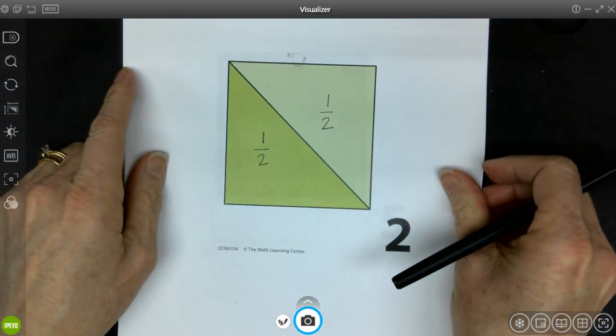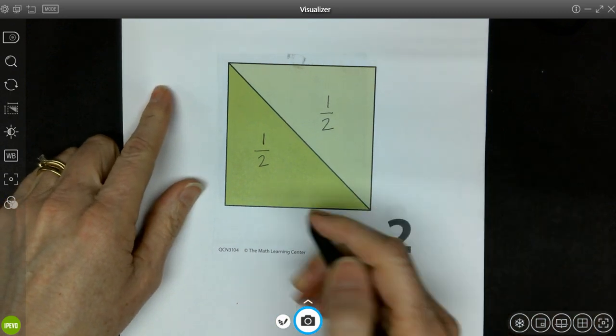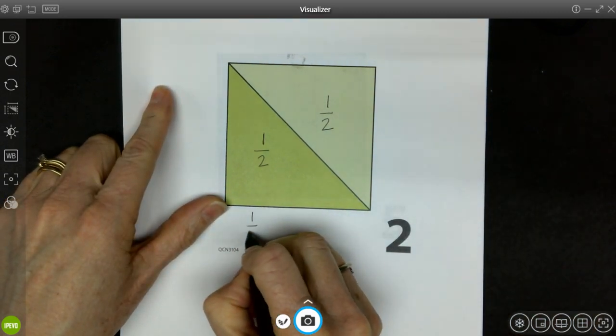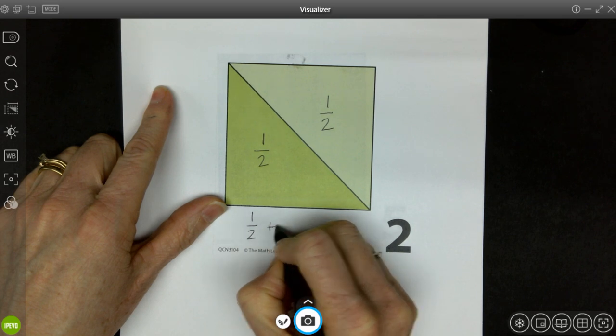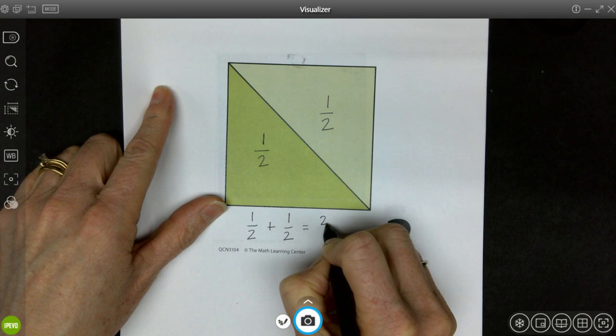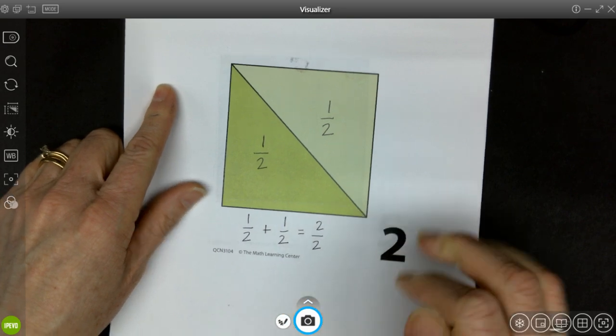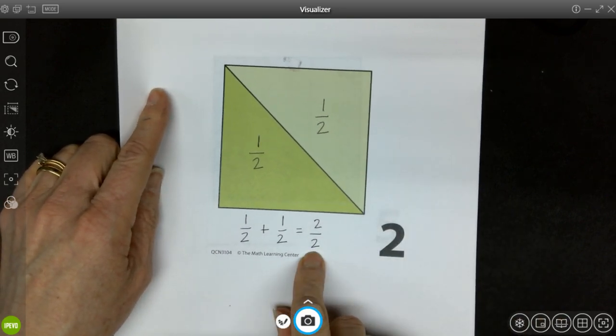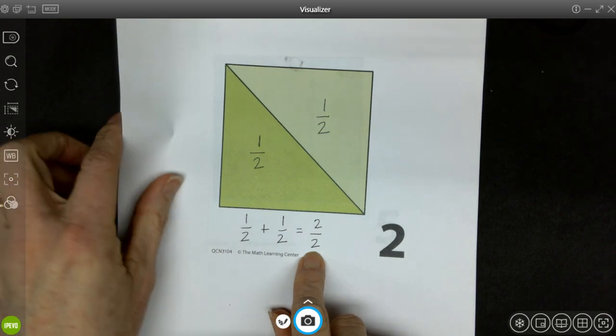Now I want to go back. So now we have these 3 squares, and we could also write this as 1/2 and 1/2 is equal to 2/2. So we could say that that one square is equal to, or the same thing as, 2/2.